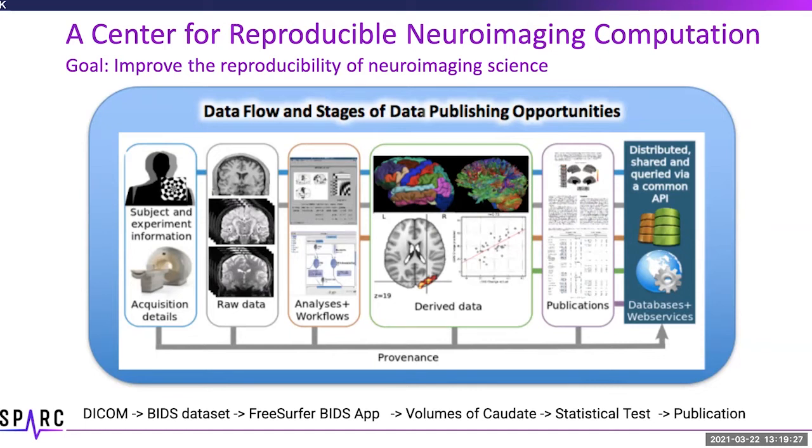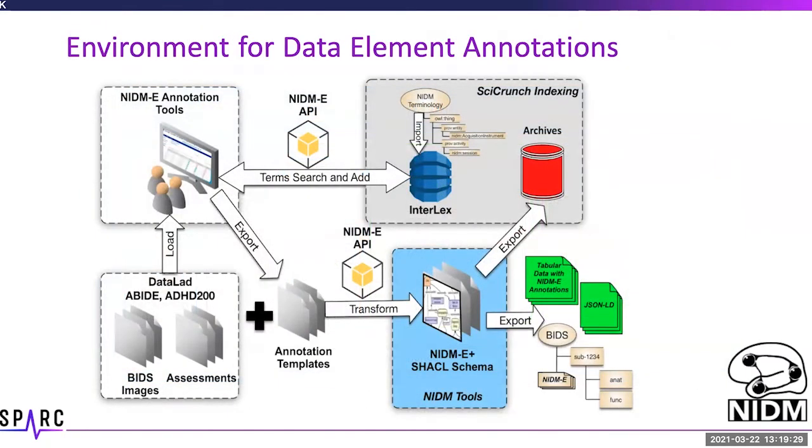And as part of this workflow, they also need to annotate and add information about what specific terms or data elements used within that experiment are actually mapped onto a consistent set of terminology.